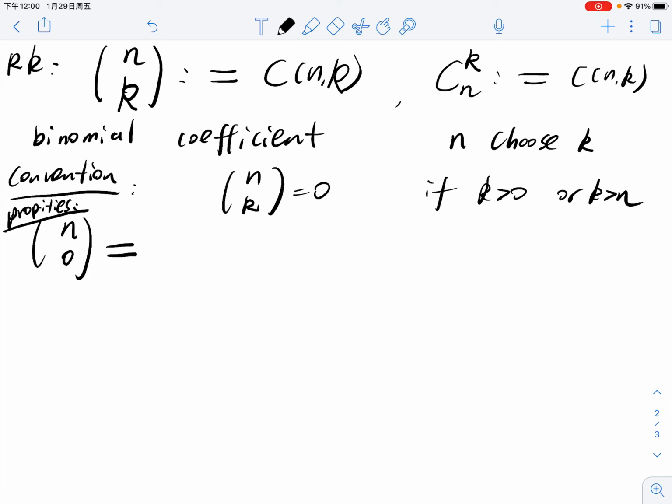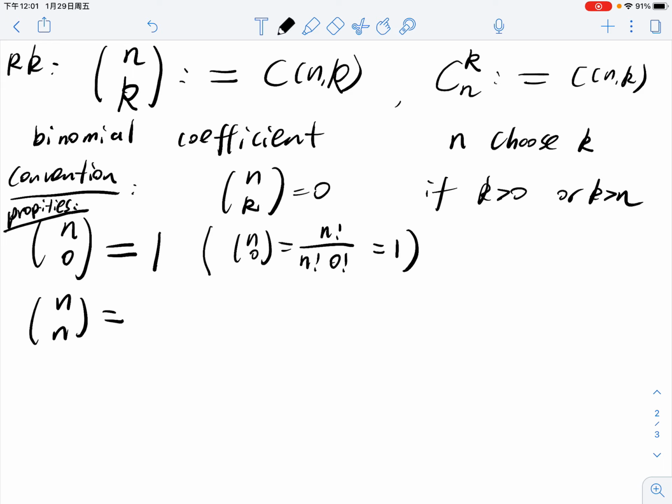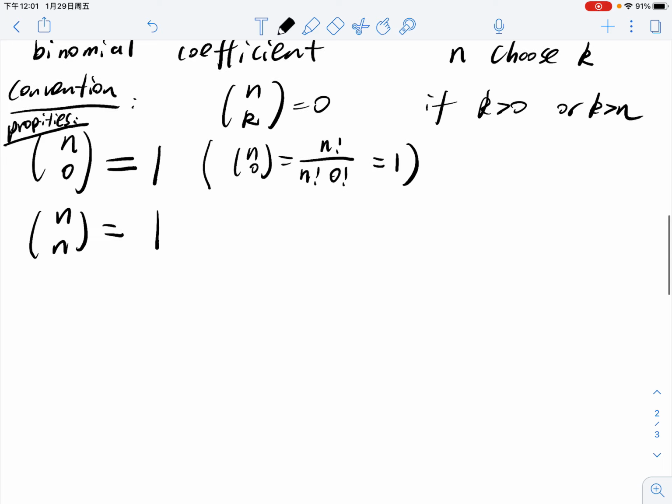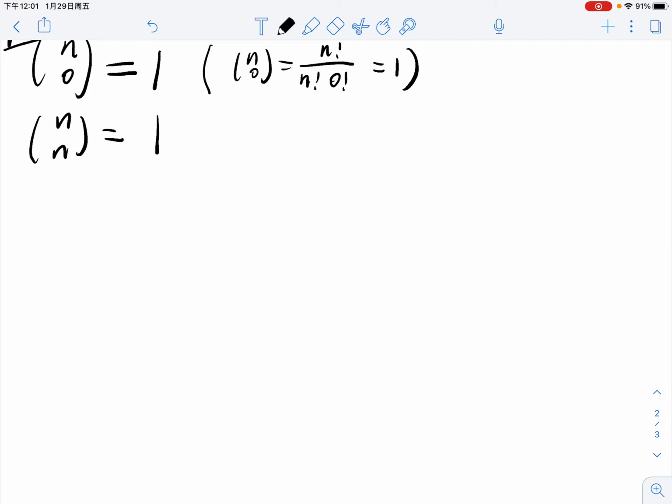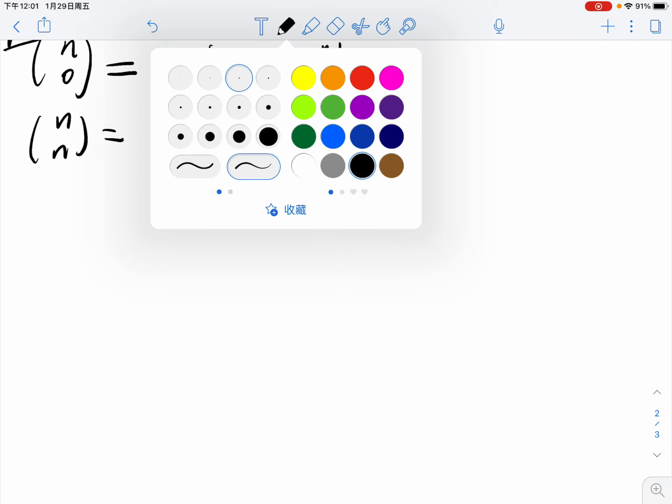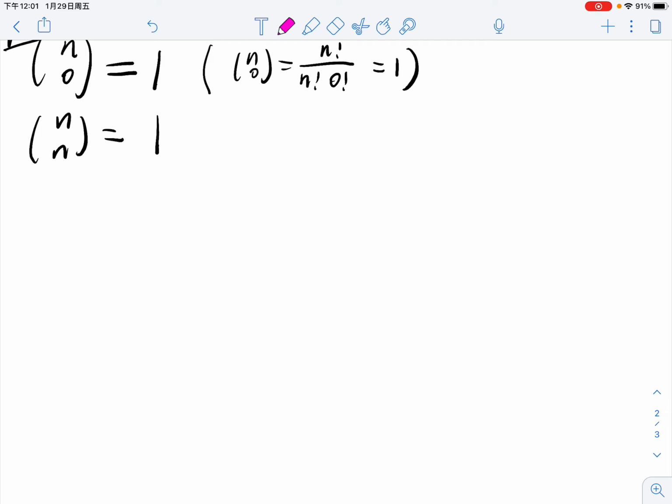So n choose 0 is 1 because by definition n choose 0 is n factorial divided by n factorial times 0 factorial. And 0 factorial is 1, therefore this is 1. And C(n,n) is 1. And the less obvious property is the following.